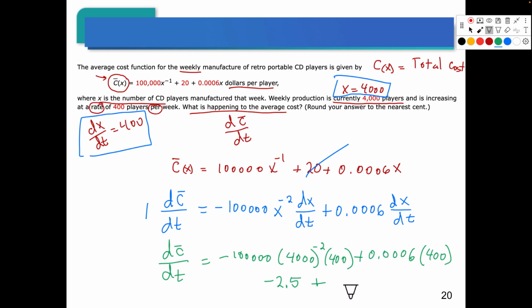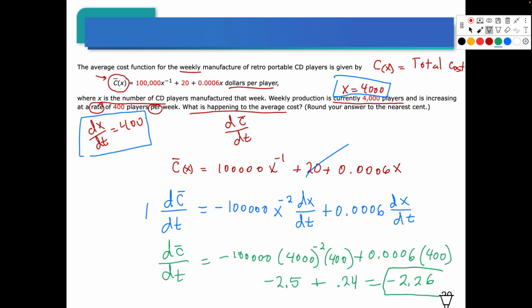That's positive 0.24. So when we combine these, we end up with negative 2.26.